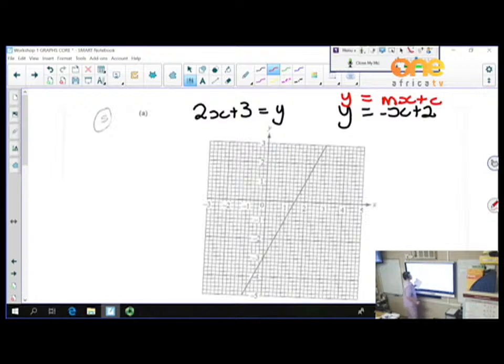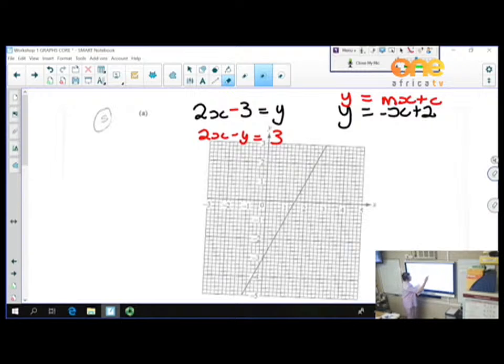Sorry, it just reads from the other side. So y is equal to negative x plus 2, and I changed the original one to standard form. It was 2x minus y is equal to 3. The sign here must be minus, changing it to standard form. I took the y over because I want y to be positive.